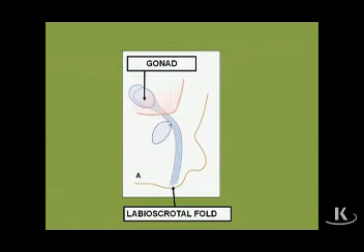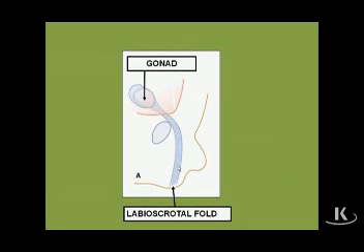Next, we see this thickening of connective tissue, a fibrous band that connects the inferior or caudal pole of the gonad to the body wall at the labioscrotal fold. And to get from the gonad to the body wall, it's passing through the region that subsequently will be called the inguinal canal.